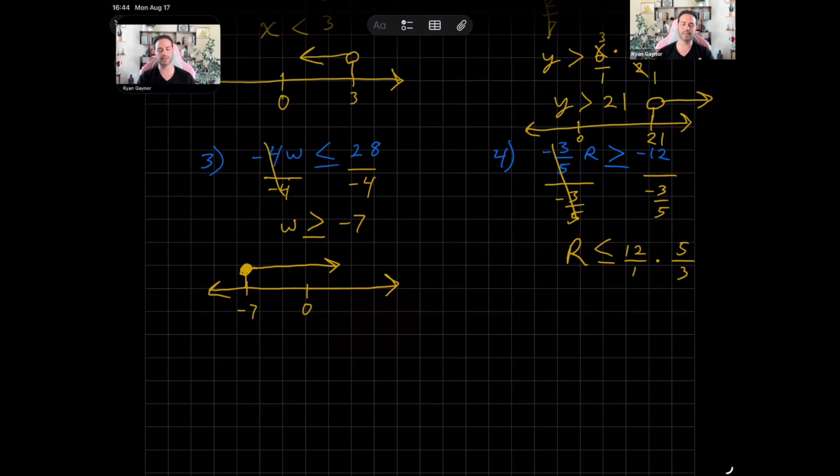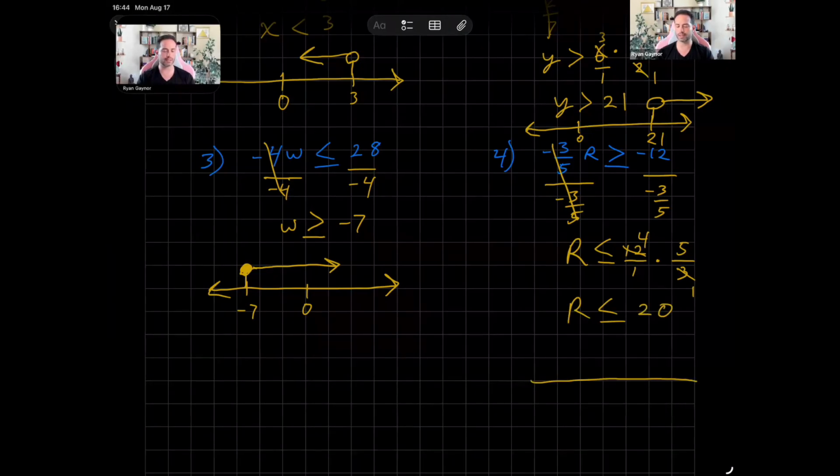And remember, I took away the negatives because I already know the answer is going to be positive, because it's negative times negative. Alright, so now I can look out for cross cancel. Oh, I have it. 12 divided by 3, that works, 3 goes into both of them. So we have 4 times 5, so r is less than or equal to 4 times 5, which is 20.